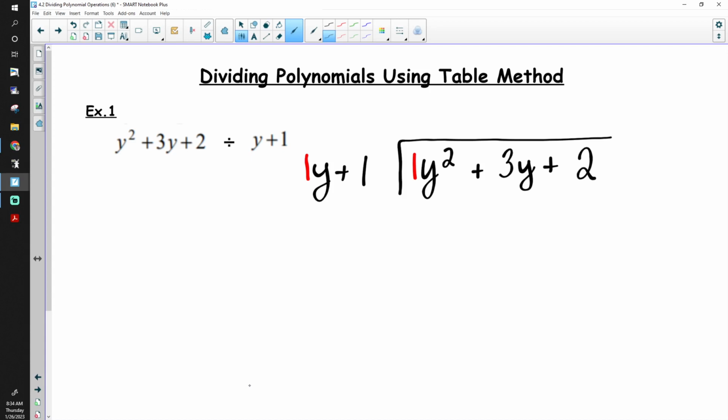Now here's the trick. Here's what your brain has to constantly be thinking about. You always want to look at the very first term. Whatever's in the front. Wherever you're at, you want to look at what's in the front. Your goal is to figure out how to turn 1y into 1y squared.